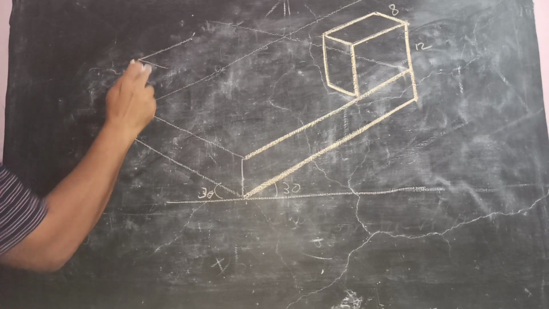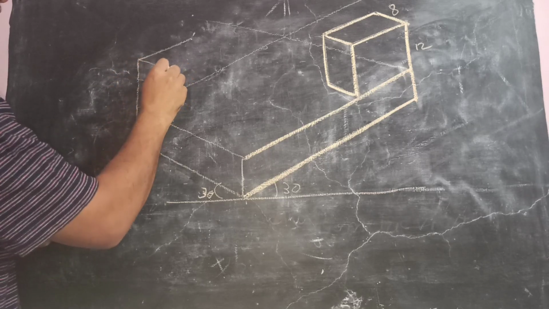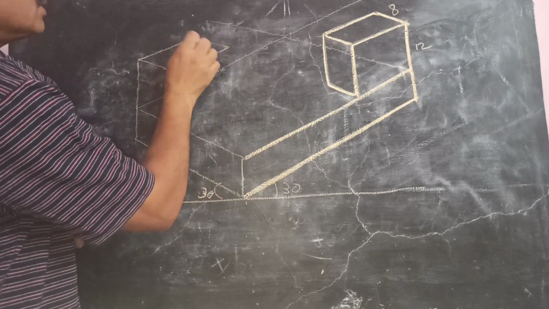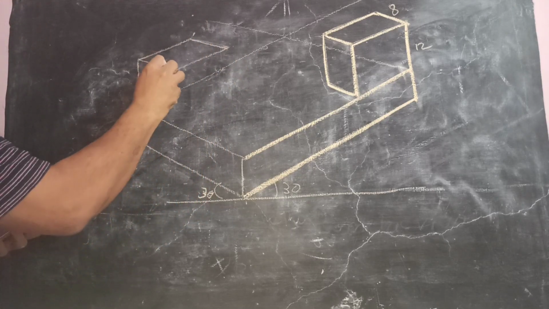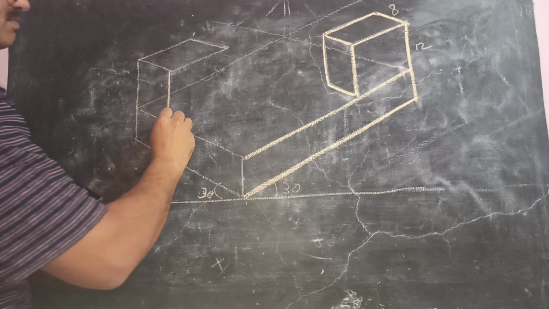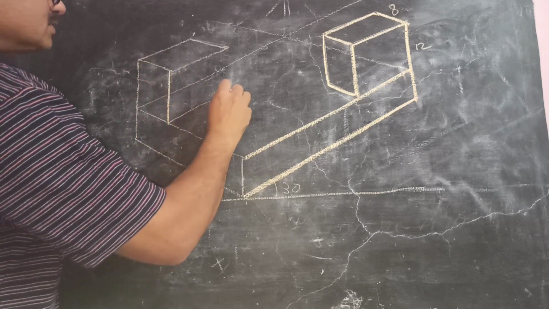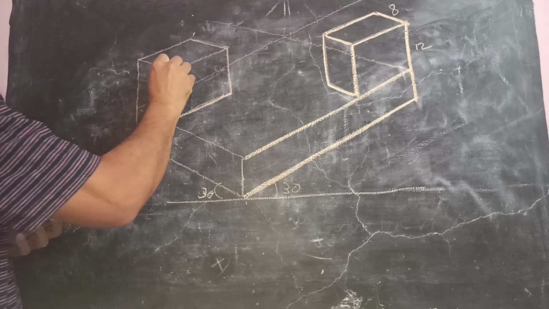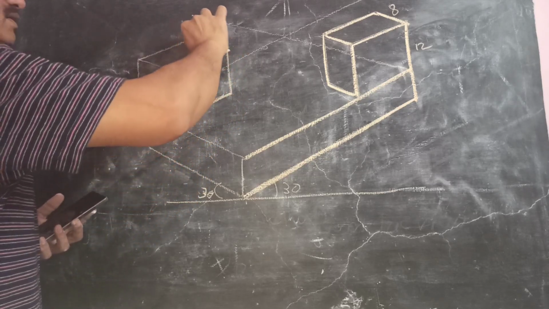It will be parallel to this. Then complete this, not rectangle actually, it's a parallelogram, and you can bring it down. Draw a line parallel to this, draw a line parallel to this. So this will be your other pillar in this corner.